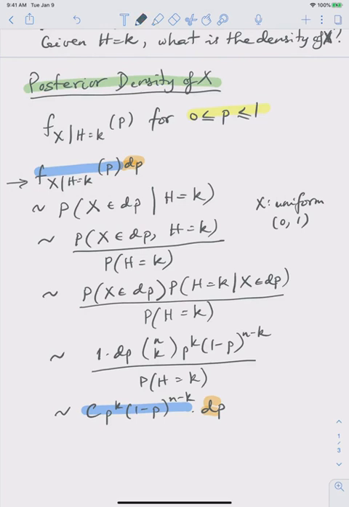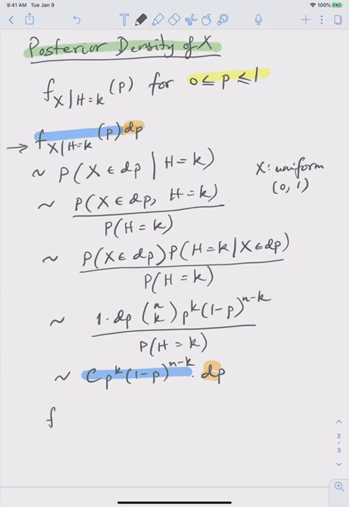And so what I know now is that my posterior density, given the data that I got k heads in n tosses at p, is some constant times a p to the k times a 1 minus p to the n minus k, and that sure looks like a beta.